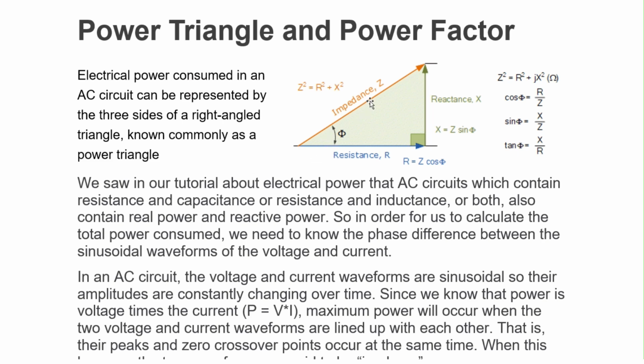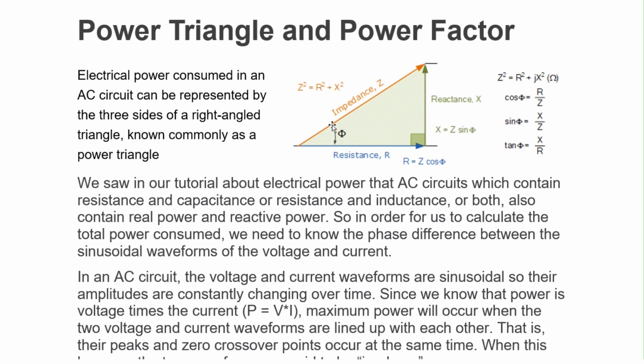The angle between impedance and the resistance, that is the diagonal and the base of the triangle, is phi. And this is nothing but the phase angle, net phase angle between voltage and the current. So in any electrical circuit consisting of resistance and reactances, inductance and capacitance, there will be a phase angle which will be leading or lagging in nature.